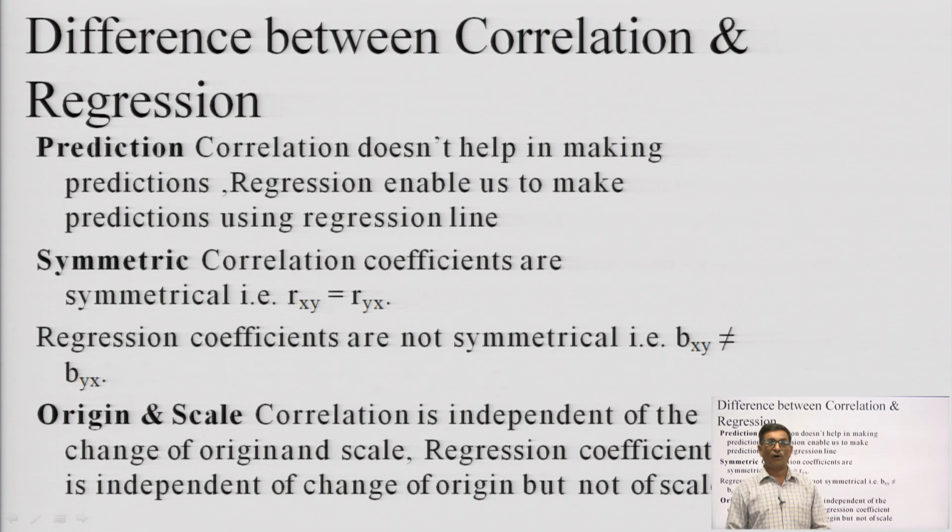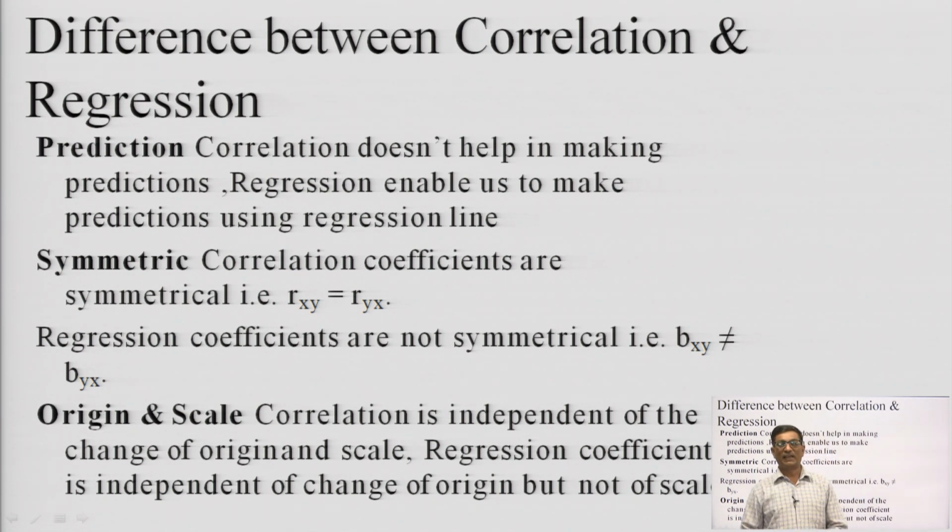And in terms of origin and scale, correlation is independent of the change of origin and scale. That means if we change the scale of the variable or the origin, there will be no change in the correlation coefficient, while the regression coefficient is independent of change of origin, but not of scale.